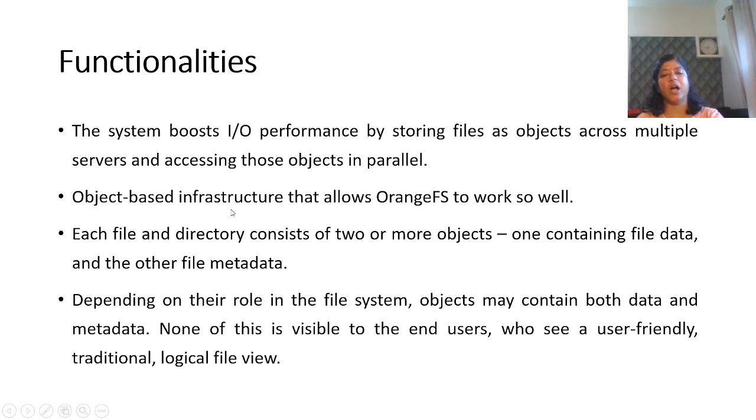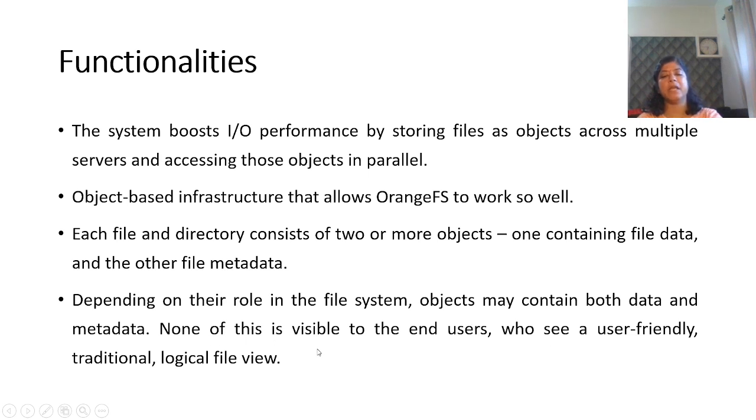Object-based infrastructure allows OrangeFS to work so well. Each file and directory includes two or more objects. One includes the file data while the other considers file metadata. Now, depending on their role in the file system, objects may include both data as well as metadata.